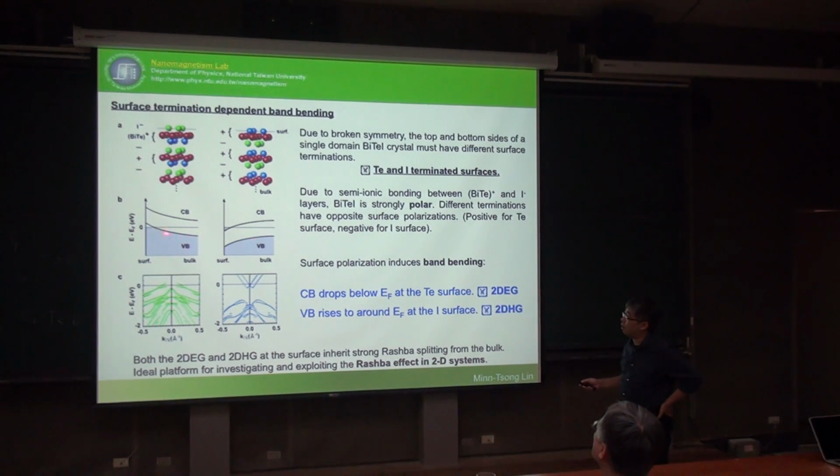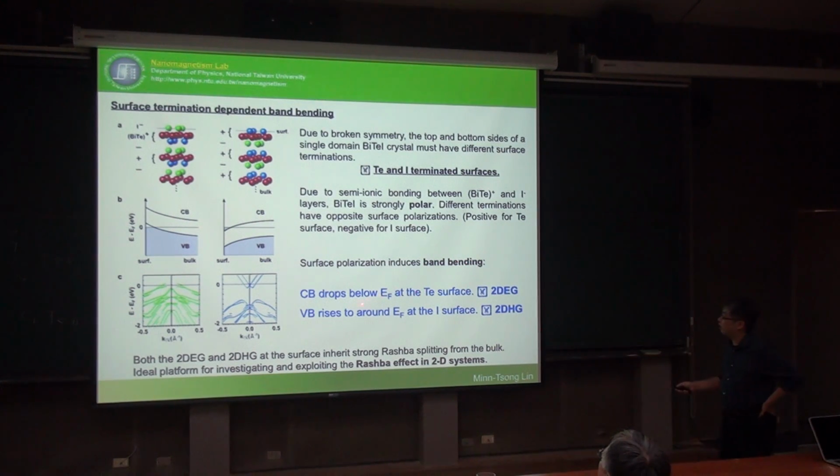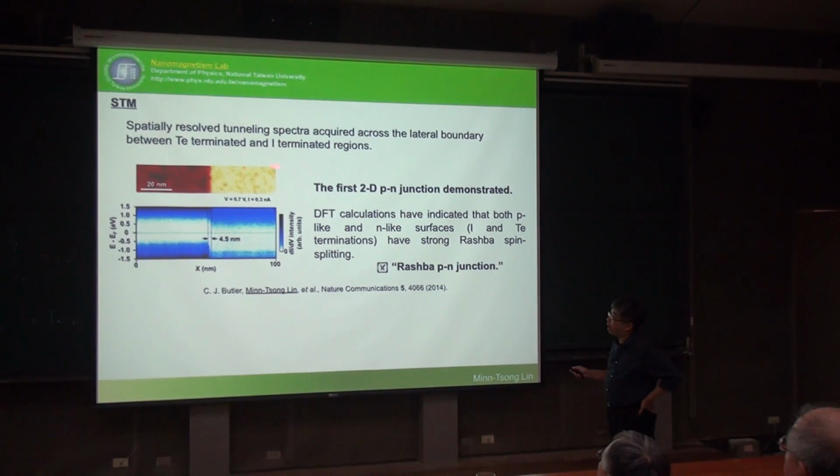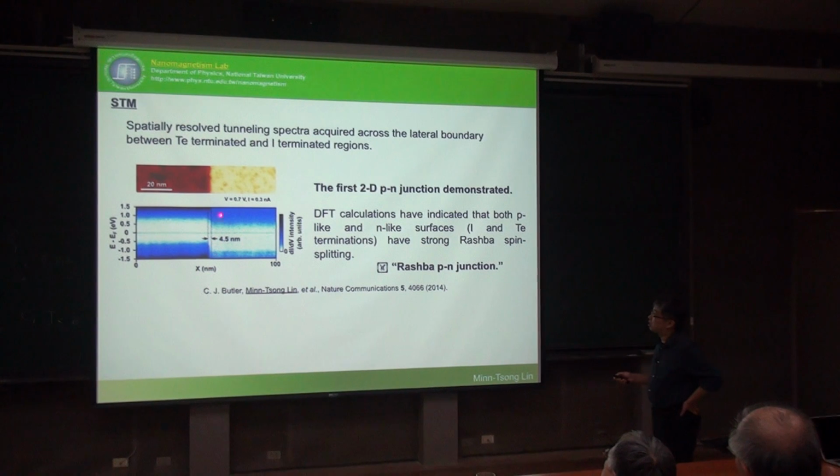As long as you have the surface band bending, you have a two-dimensional electron gas, and in this way the two different surfaces provide different gases: a 2D electron gas and a two-dimensional hole gas. With this technique to get a good surface, we can really probe the boundary between the two terminations.